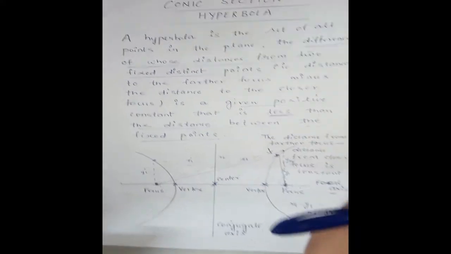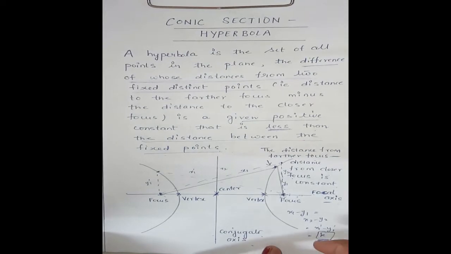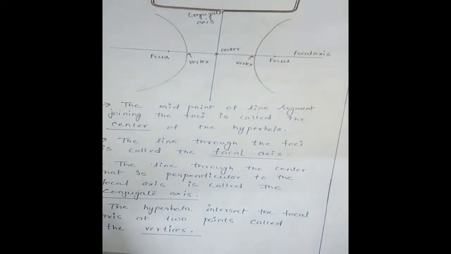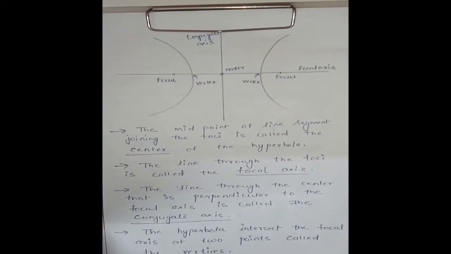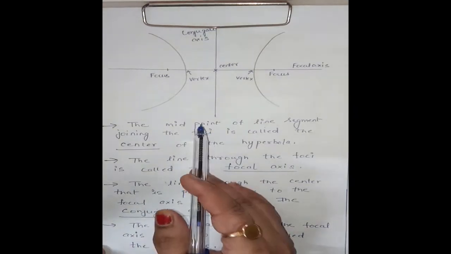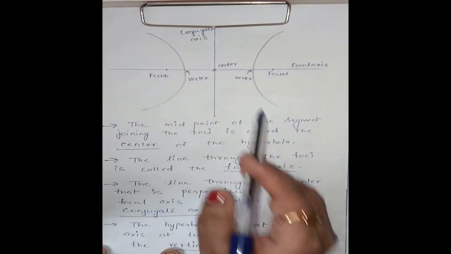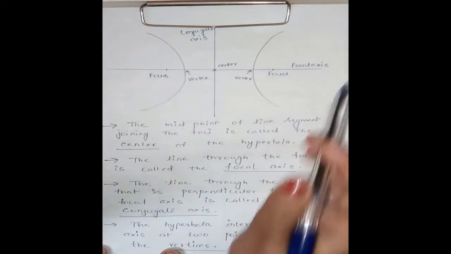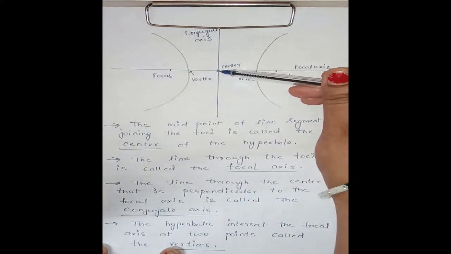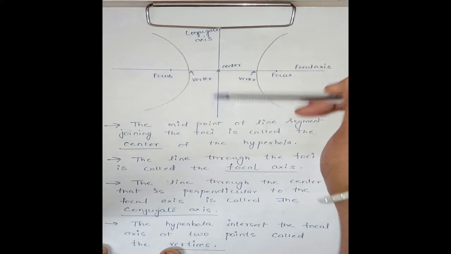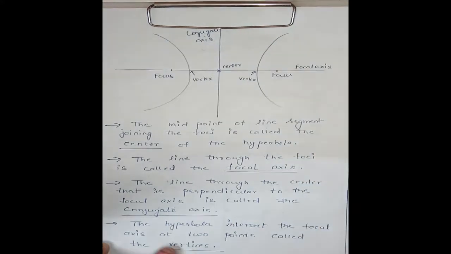Clear? See here, the midpoint of the line segment joining the foci is called the center of the hyperbola. The line through the foci, this line is called the focal axis, and the line through the center perpendicular to the focal axis, this line is called the conjugate axis.